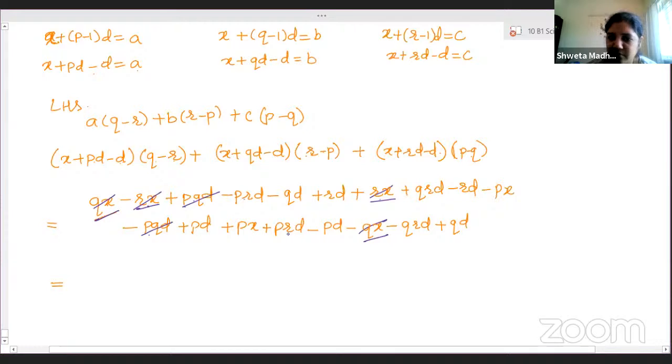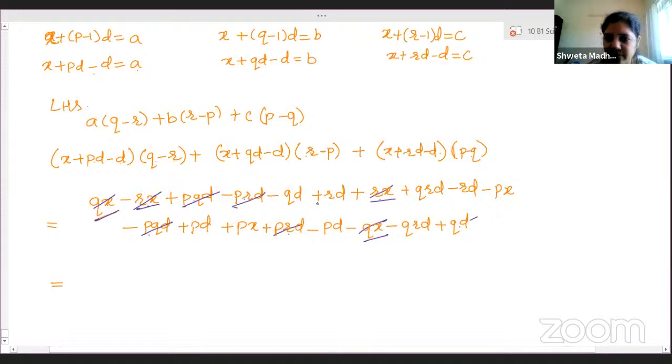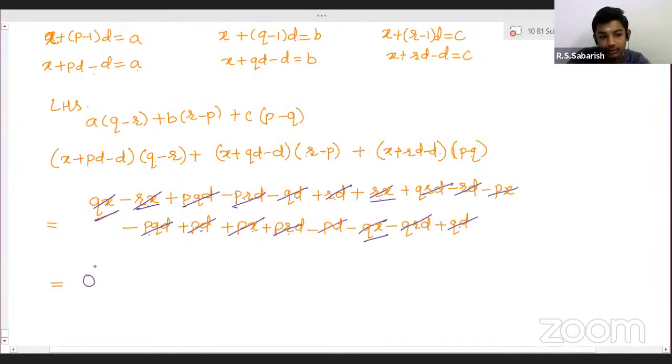Minus prd, plus prd. 0. Minus qd, plus qd. Plus rd, minus rd. Plus qrd, minus qrd. Minus px, plus px. Plus pd, minus pd. All get cancelled. So the answer is 0.